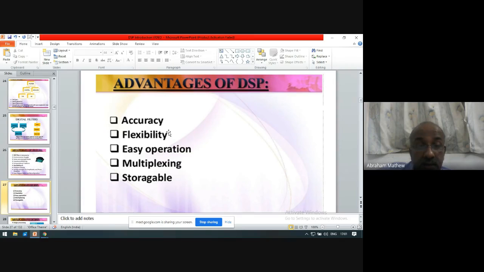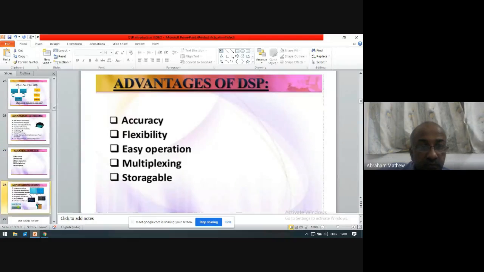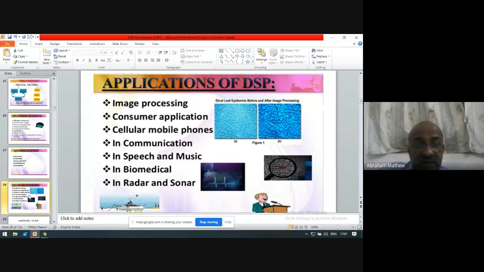What are the advantages of DSP? DSP is having many advantages, such as accuracy, flexibility, ease of operation, multiplexing, storing, etc. And needless to say, we are all knowingly or unknowingly using DSP in various fields such as image processing, consumer application, cellular mobiles, in speech and music, and much more.